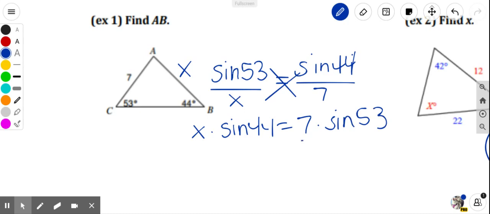Okay, again, you can leave this like that for now because now we're going to divide both sides by sine of 44 to get X all by itself. And then you'll just put it all in the calculator at the end.